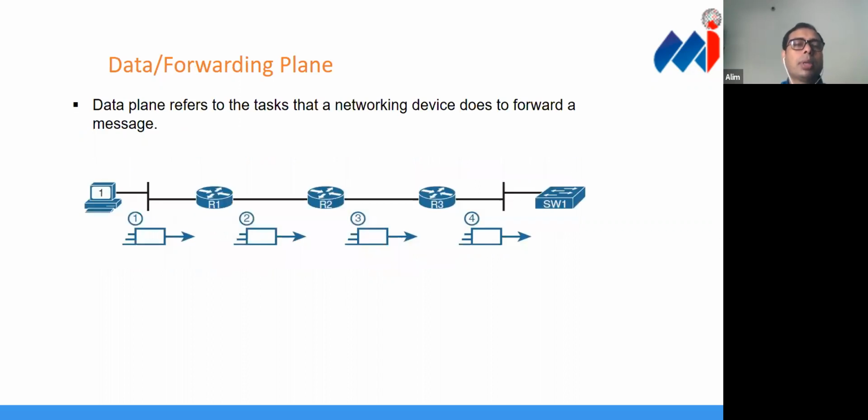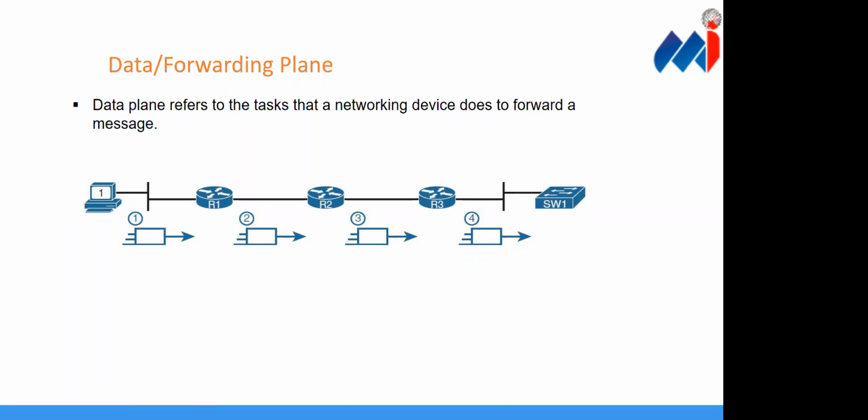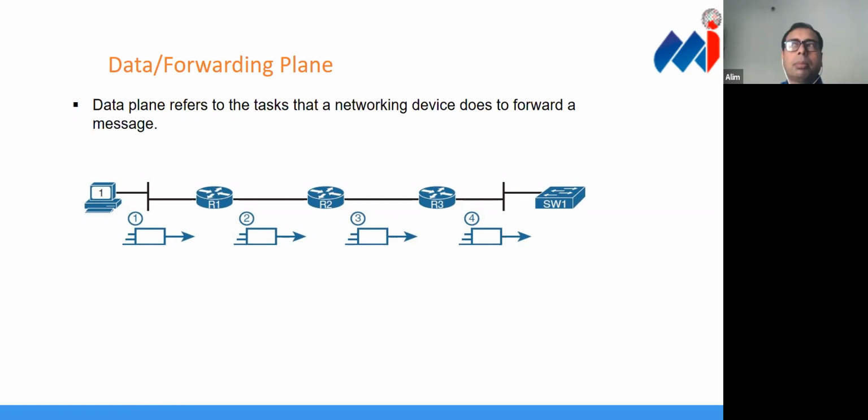And then we have the data plane or forwarding plane. So what is the forwarding plane? The forwarding plane just forwards your data from one point to another based on the control plane's decision. How does this happen?